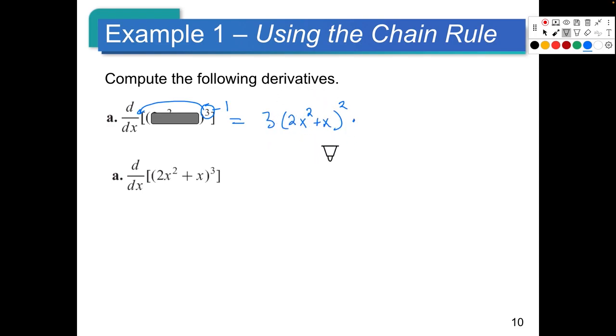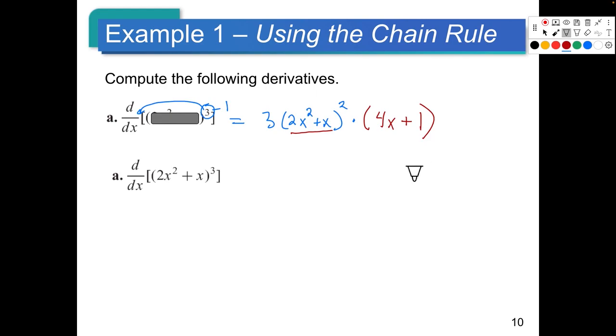So in doing the work, I got what I need, and I just now need to think of what's the derivative of 2x squared plus x. The derivative of 2x squared is going to be, good, 4x to the first, right? Because 2 comes down, there's 4, subtract 1. What's the derivative of plus x? 1. So that's it. We just did the chain rule.